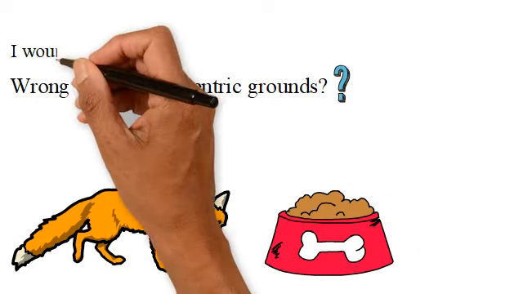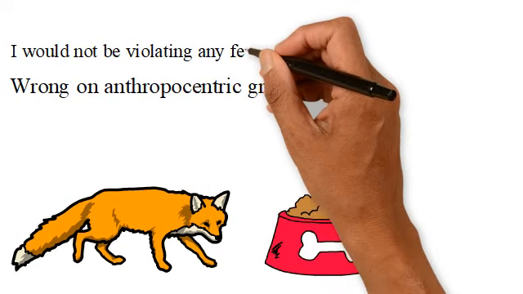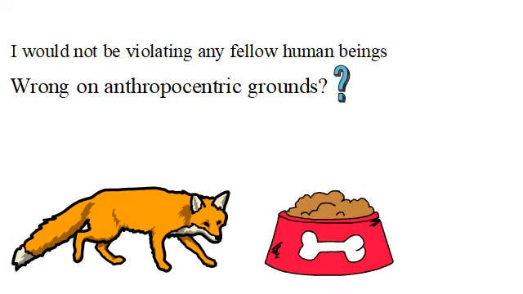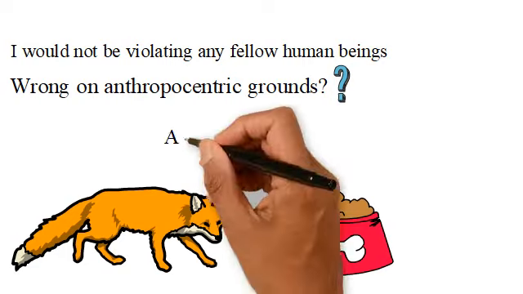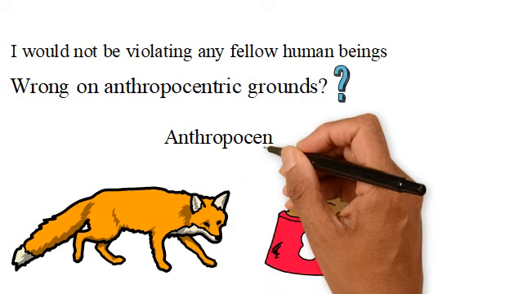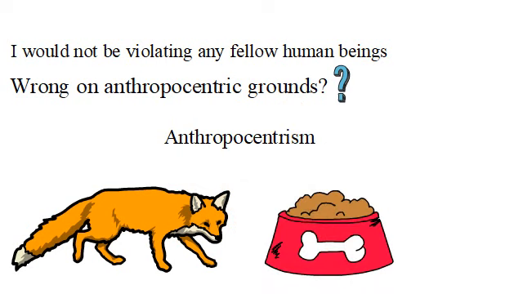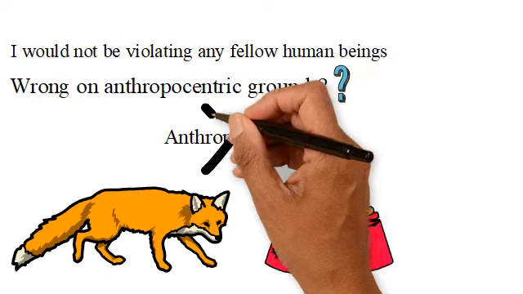In poisoning the fox, I would not be directly violating any fellow human beings. Now, one might try to say that I somehow violate myself by poisoning the fox, but the wrongdoing would once again not be explained by any direct moral standing that the fox has. Now, if it would be wrong to poison the fox, independently of any impact that this has on any human being, then anthropocentrism has to be false.